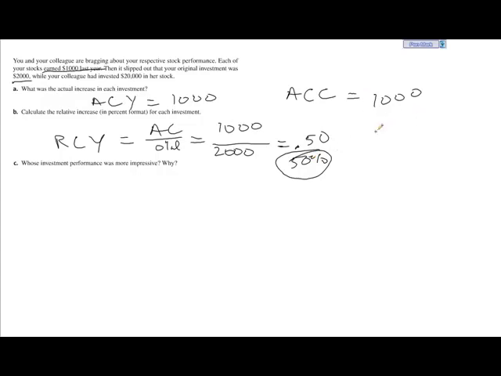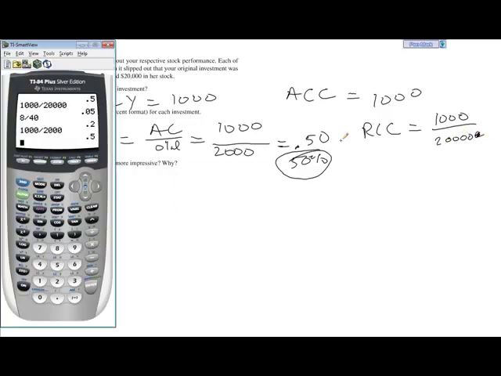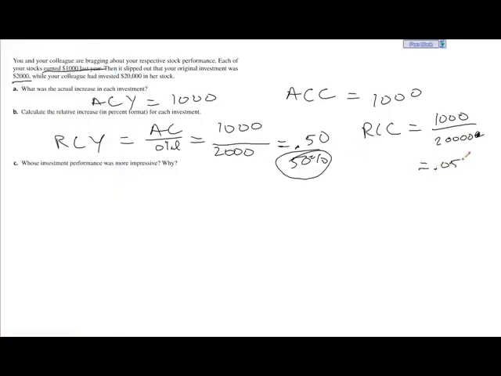Now for your colleague, however, your colleague invested a lot more money and still only earned 1,000. So their actual change was 1,000, but they invested 20,000. So really, they didn't earn a very big percent. 1,000 divided by 20,000 is 0.05, and 0.05 is only 5% growth.